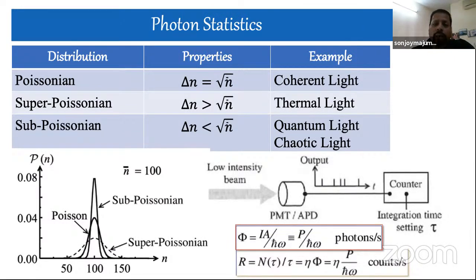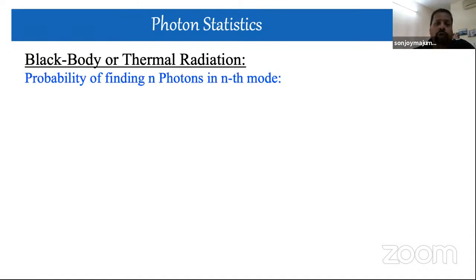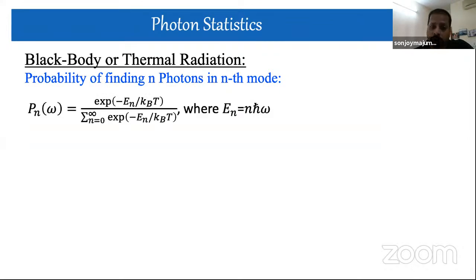But before that, it will be ideal to understand the thermal or chaotic light, which follows superposition. So let's look at the thermal light first. Thermal light is nothing but the light we get from black body radiation. If we want to calculate the number of photons in a particular mode, the distribution follows the Boltzmann distribution.